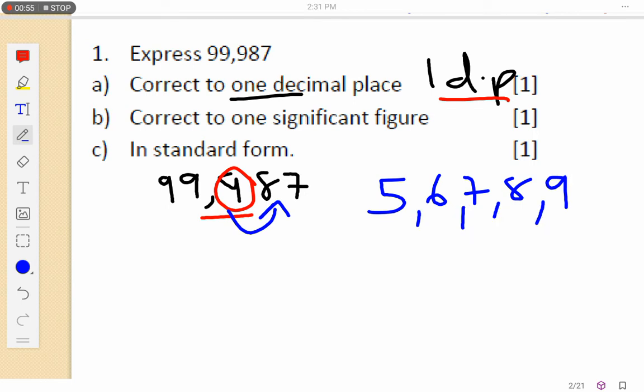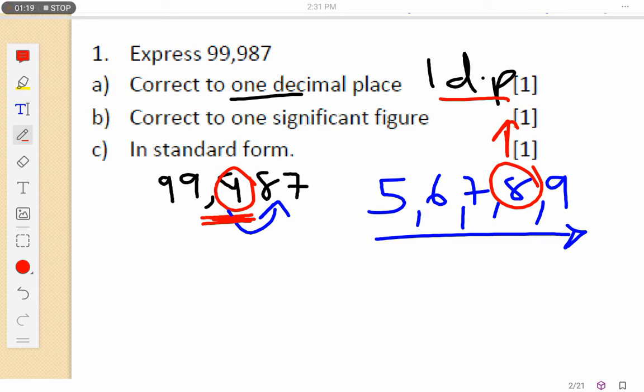If it is any of these numbers, it means we are going to round off our 9 up. Since the next number is 8, we can round up this 9, and it becomes 10.